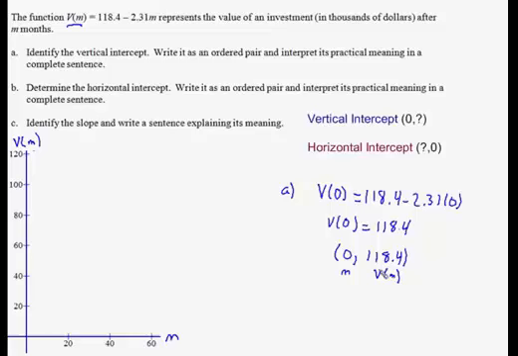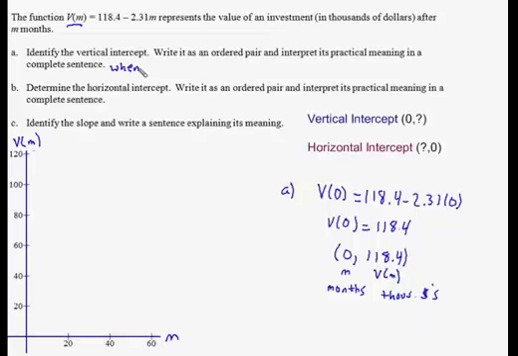More importantly, to interpret what's going on is to look at the units. m was in months after the investment was made, and V of m is the value of the investment in thousands of dollars. So this means 0 months after the investment, meaning when I made the investment, the value of the investment was 118.4, but be careful, that's in $1,000.